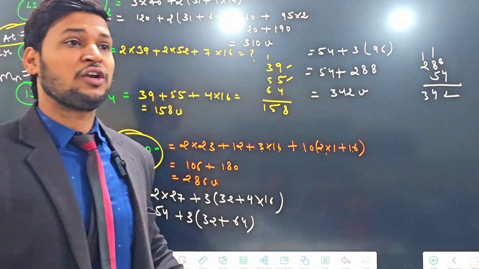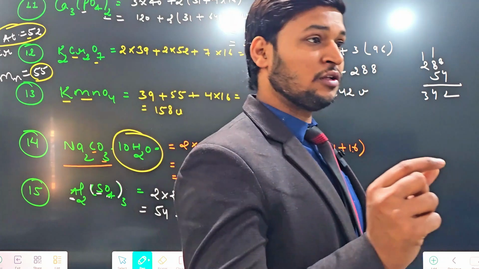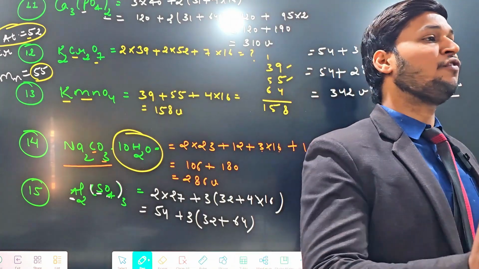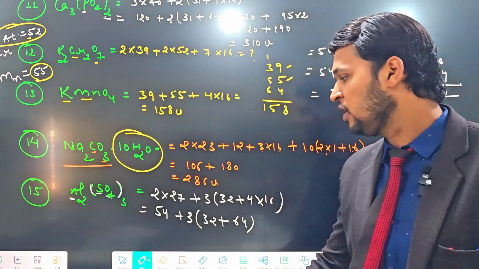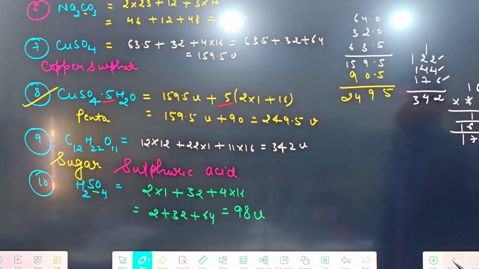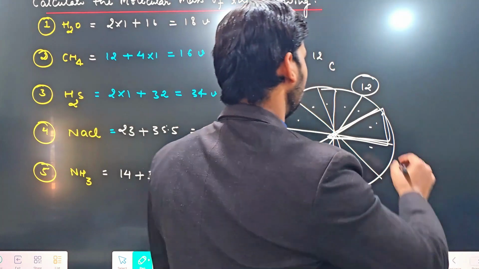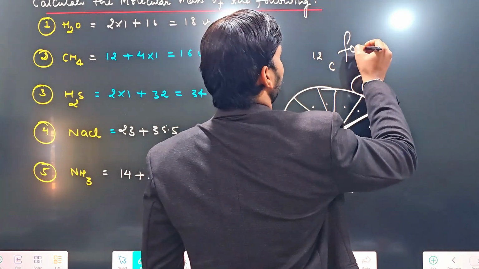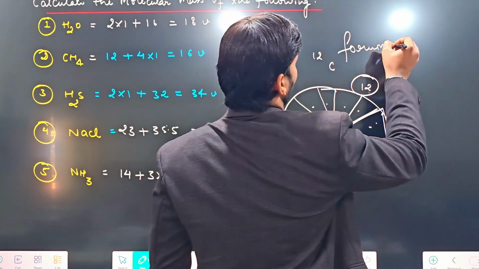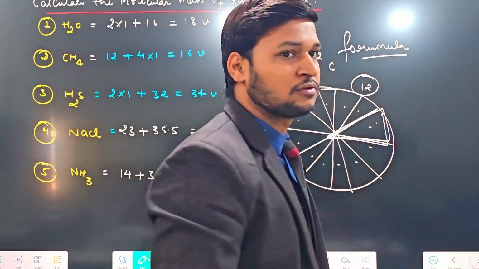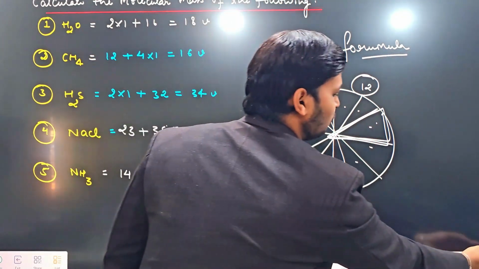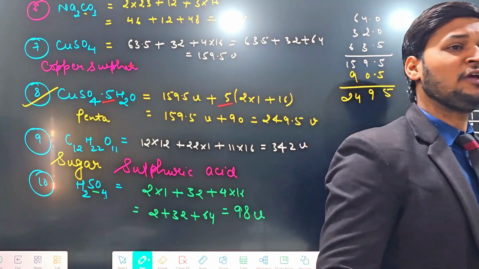Somewhere in your textbook, beta, you may find a question being asked: calculate the formula unit mass. But what we are calculating over here, as you can see on the first slide I have written, calculate the... In some questions in the textbook you may find it written simply as formula mass. Clear? So don't be confused.